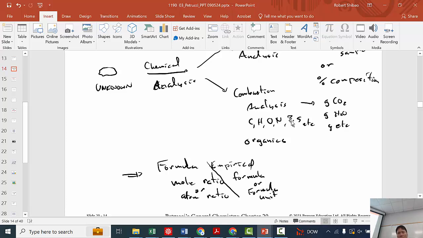And this is fine. If it's ionic, we stop here. Ionic or network covalent. However, if it's molecular, then we want to go one extra step.